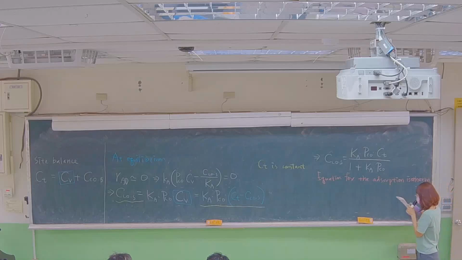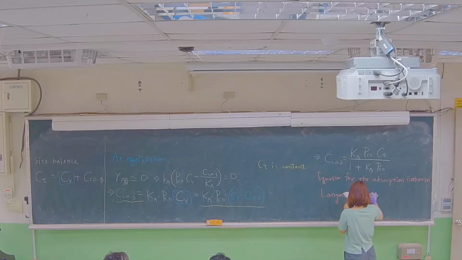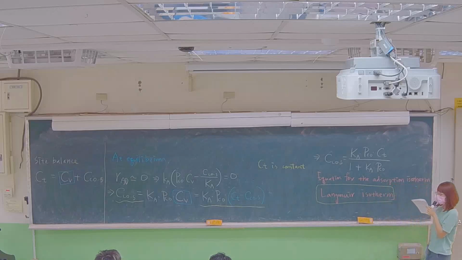This form is called the Langmuir isotherm. We have two models, and this is one of them, called the Langmuir isotherm.